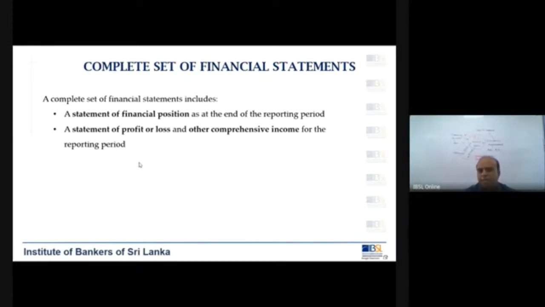Other comprehensive income is another component which is part of your overall financial performance, but not merely through your business performance. These are like other additional features which are contributing or might contribute to your performance in the future.